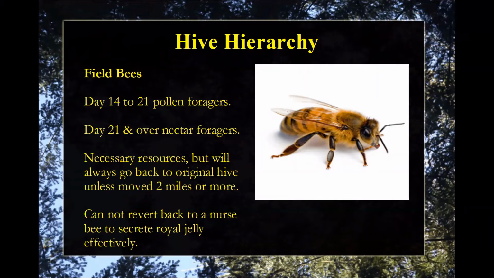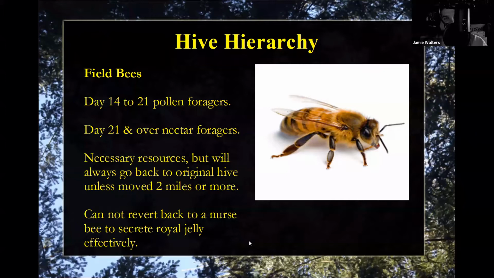So you want tons of different things. Again, hive placement, what's in your area, what can you do, and if all else fails, you're going to emergency feed. And they cannot revert back to being a nurse bee. At that point, their entire vitellogenin system, or their saliva system, is completely shot. They cannot convert back.